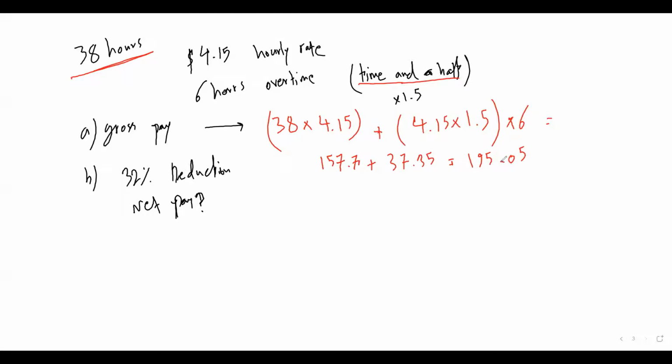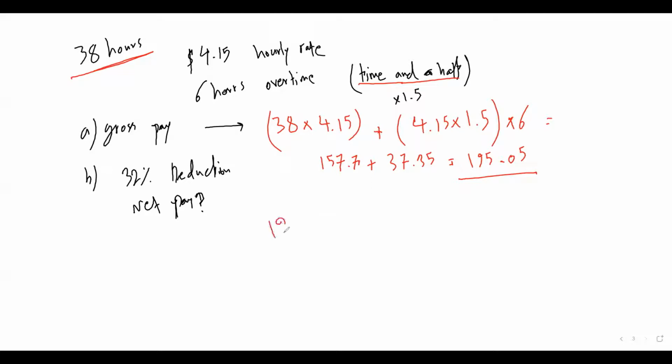However, for the net pay, which they're asking, if you recall from percentages, there are two ways you can find the net pay. You can find how much the deduction is, and then deduct it from this amount, or you can apply the formula that I gave you in a previous video and find the answer directly.